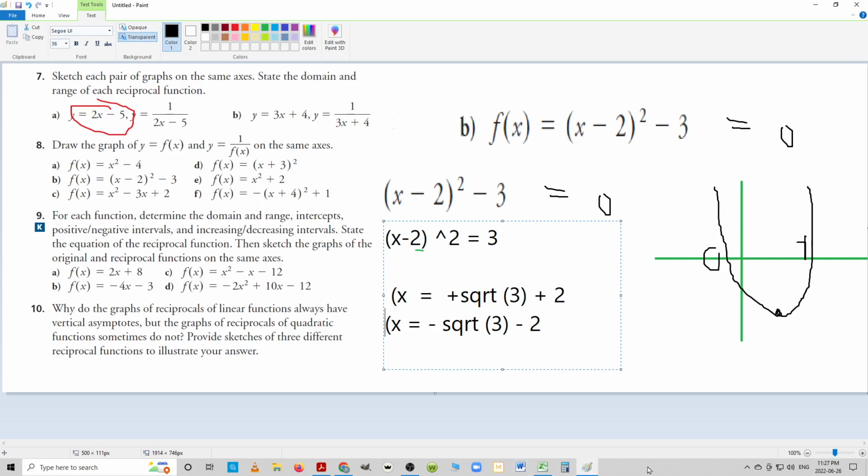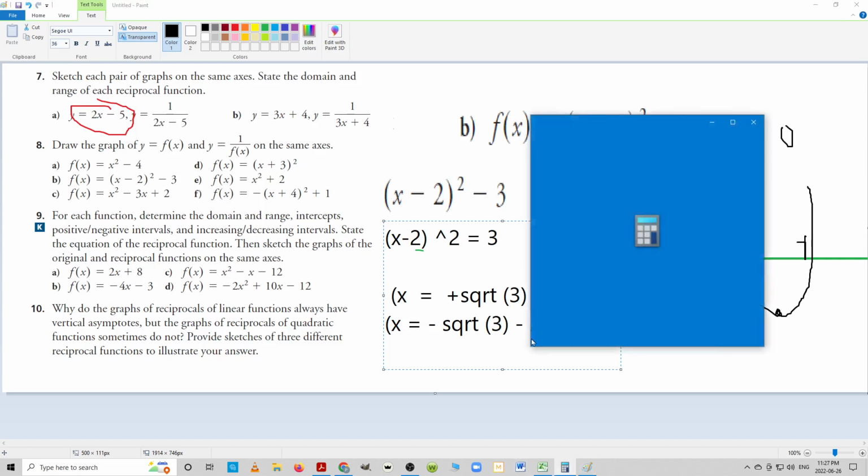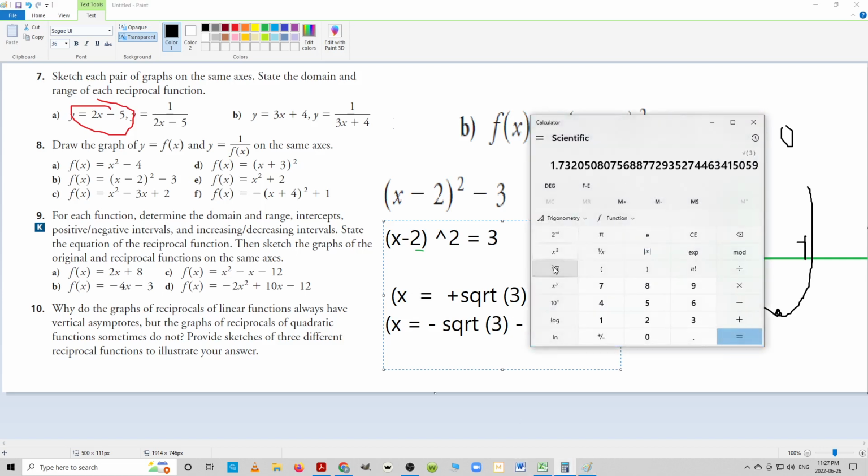And what is square root of 3 plus 2? Let's put it in memory. So plus 2 will be about 3.73, and minus 2 will be negative 0.26-something. Let's see if that's true.